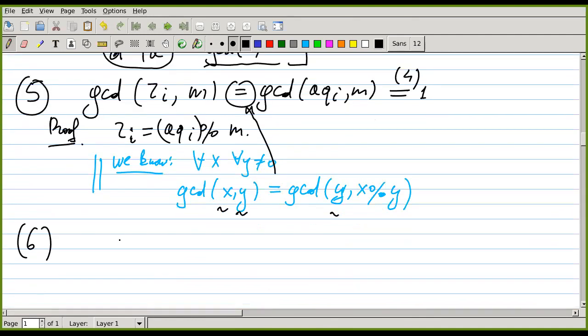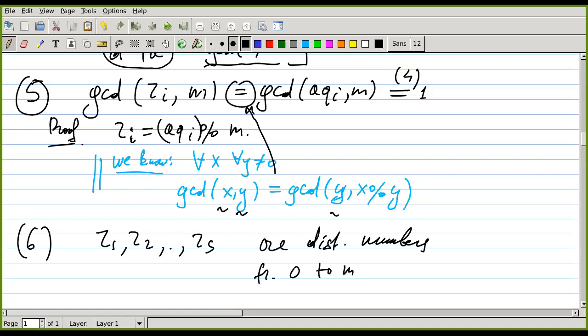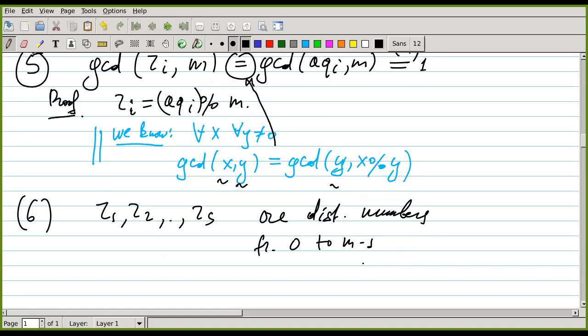Now, let's summarize our results. R1, R2, and so on up to Rs are distinct numbers from 0 to m minus 1.